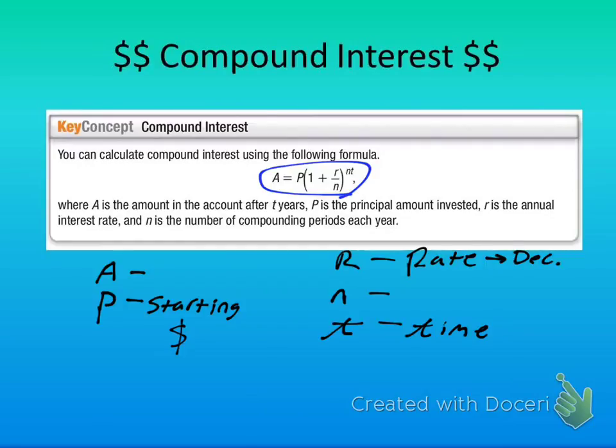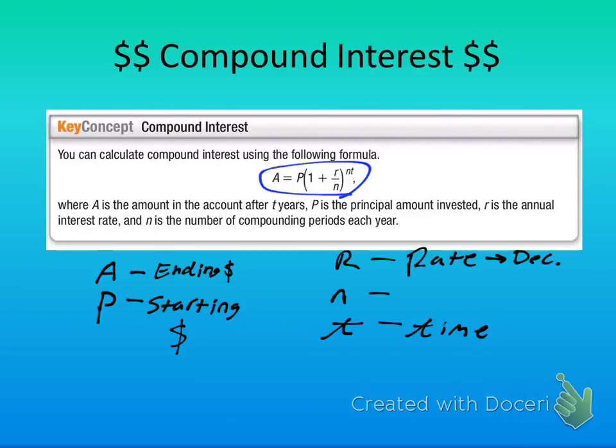A is your ending money. That's how much money is in that account after that many years at that rate compounded that many times. A is what you end up with.